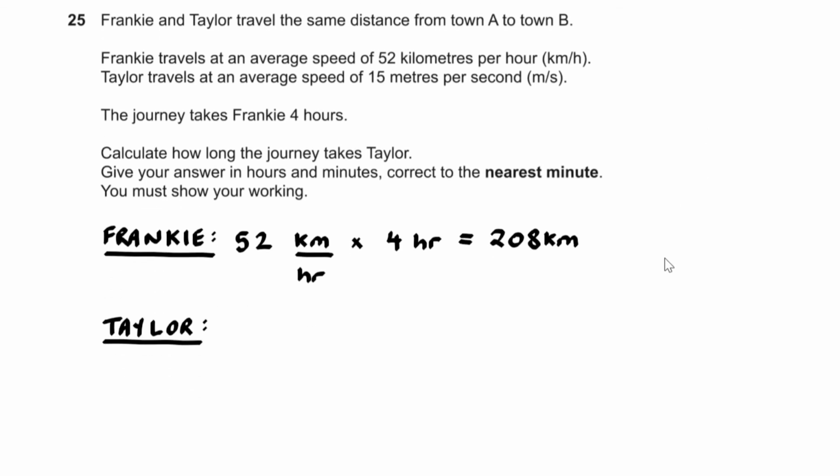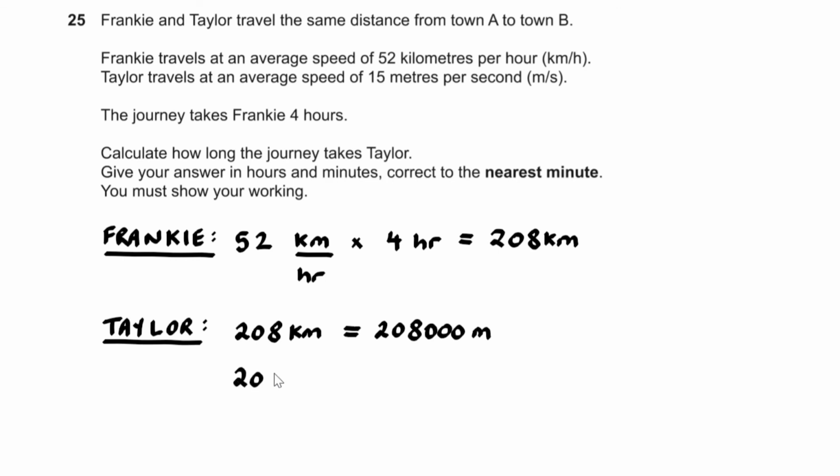So if we take a look at Taylor, what we've got so far is 208 kilometers. And if I multiply that by 1,000 to convert it into meters, I have 208,000 meters. So now I can find the time, and I can find the time by doing the distance divided by the speed.